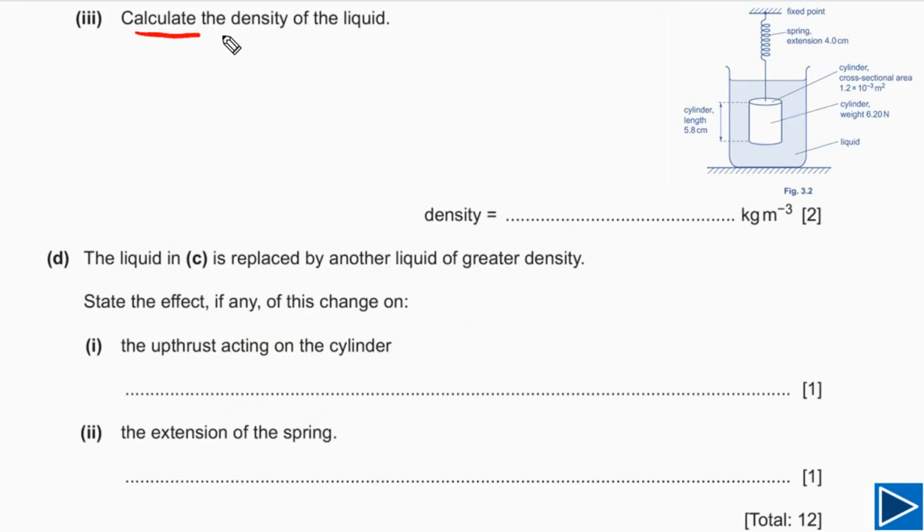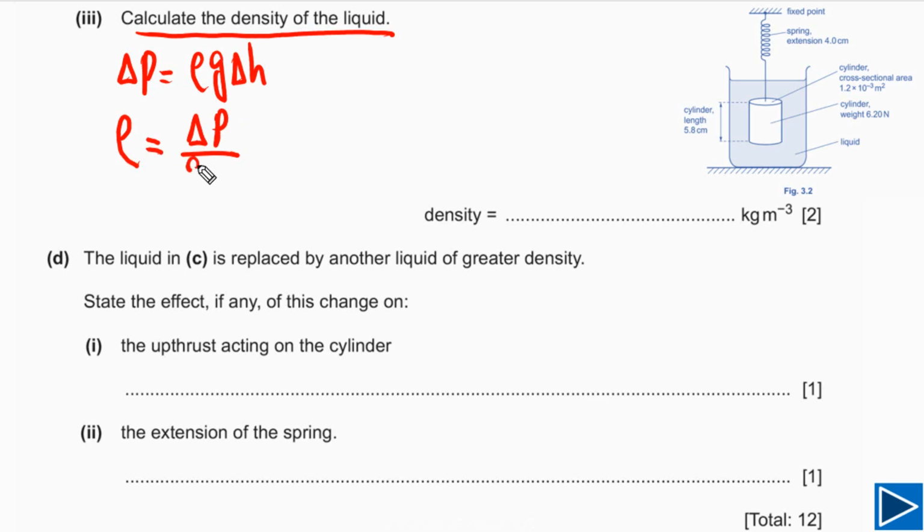For third part, we need to calculate the density of the liquid, but in the second part we have already calculated delta P, so we can write down delta P is equal to rho g delta h. This question is asking us to calculate density. We can write down density will be equal to delta P divided by g times delta h. Delta P we have already calculated, that was equal to 500 Pascal.